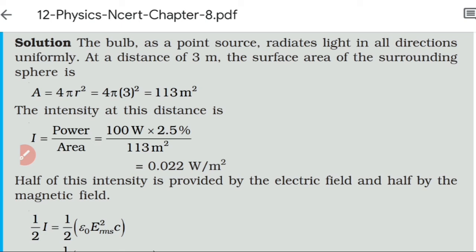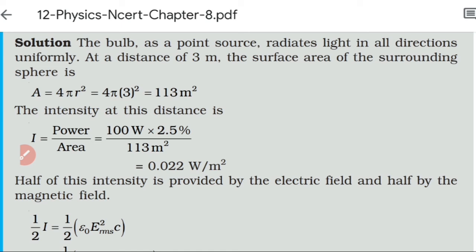So output power will be 100 into 2.5%, means 100 into 2.5 by 100, that is 2.5. So intensity becomes 2.5 by 113 meter square, that is 0.022 watt per meter square. That is the intensity of light at that distance of 3 meter.